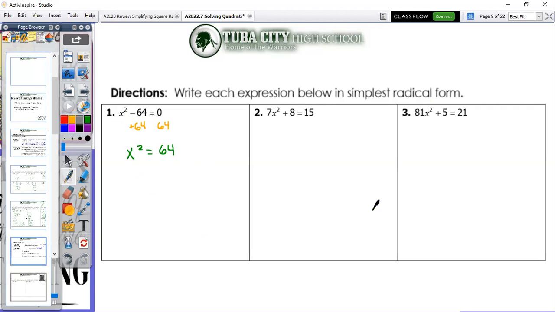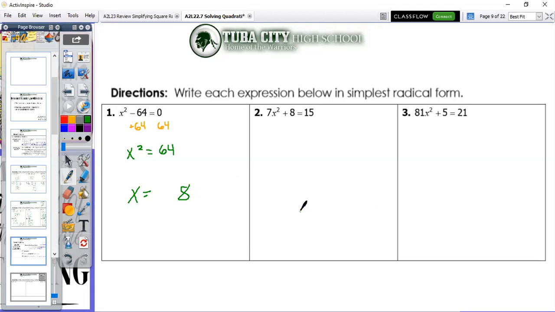Now, if I were to ask you, what two numbers can I multiply together to get 64? Without missing a beat, I'm sure people are going to say x equals 8. Now insert Yoda meme here. There is another. All right, there is another answer.